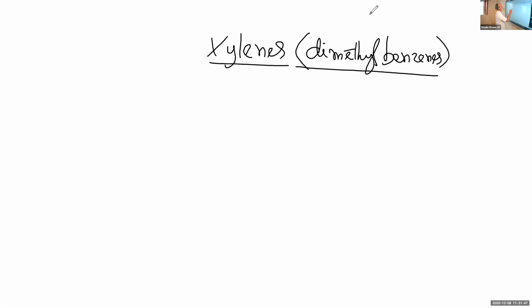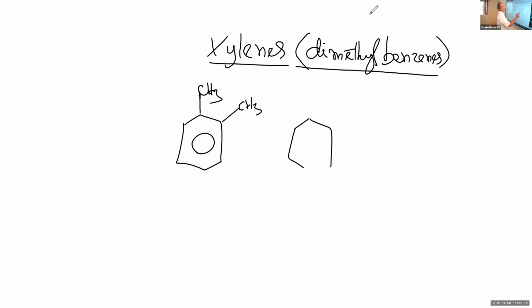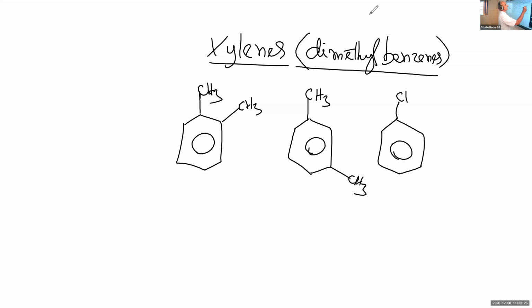See, we have the benzene ring, then there is a methyl group, then it is called toluene or methyl benzene. Now, the second methyl group, CH3, changes its position.